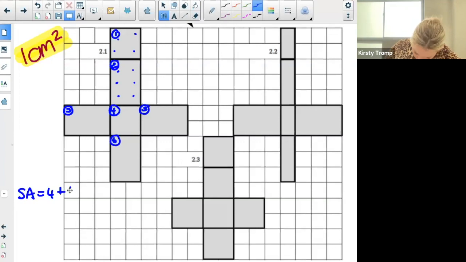And 6. Yes, ma'am. Plus. In the fourth one, how many squares do we have? We have 4. Good. In this one here, how many do we have? 1, 2, 3, 4, 5, 6. Yes, ma'am. Good. In this one over here, how many squares do we have?